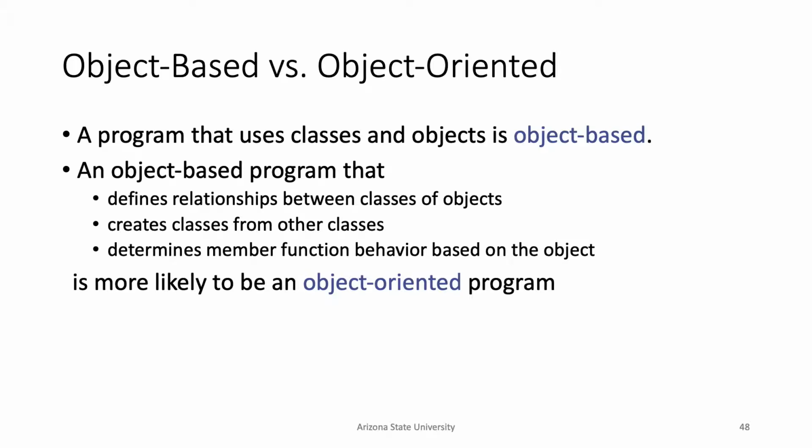If you're using a lot of objects, then it's more object-based than an object-oriented program. This is not actually that important, but you may see the terms object-based and object-oriented sometime. I have never seen it myself, so let's skip that. Any questions about objects?